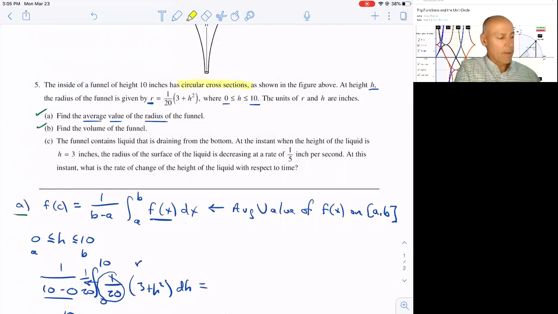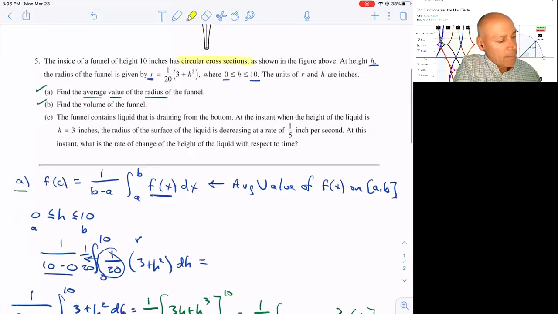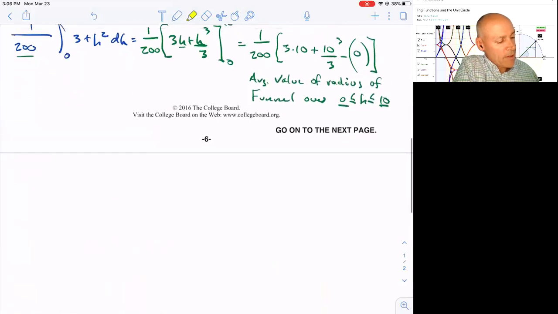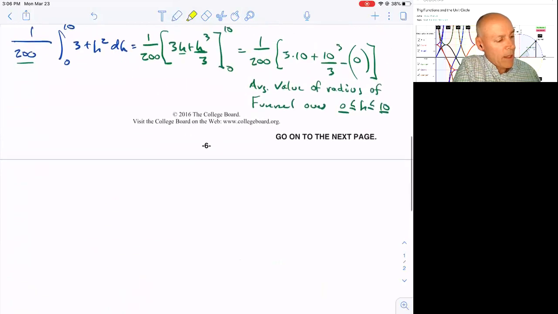Okay, well, that's really all we need to know, because what we're asked to set up is going to be a definite integral, and our integrand, this integral that's going to give us the volume, our integrand needs to represent the area of a cross section. And in this case, our cross sections are circles, so we're going to need the area in terms of r. So let's start to set that up.